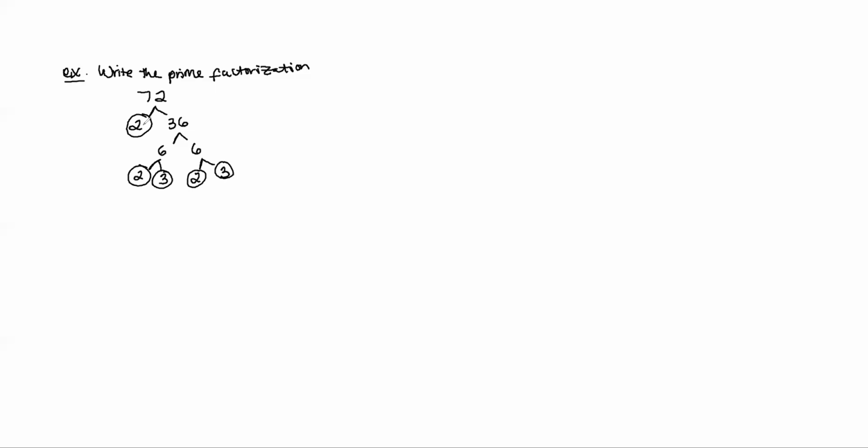One way is just writing out all of these numbers being multiplied: 2 times 2 times 3 times 2 times 3. Or we can combine these using exponents. We have 3 2's, so 2 cubed times 3 and 3, so 3 squared. And either answer is completely acceptable when this shows up on the homework or test.